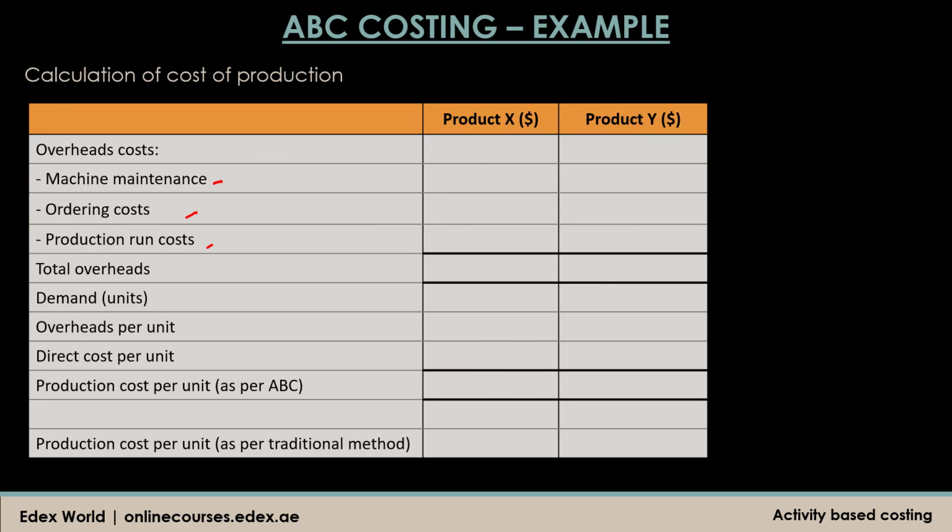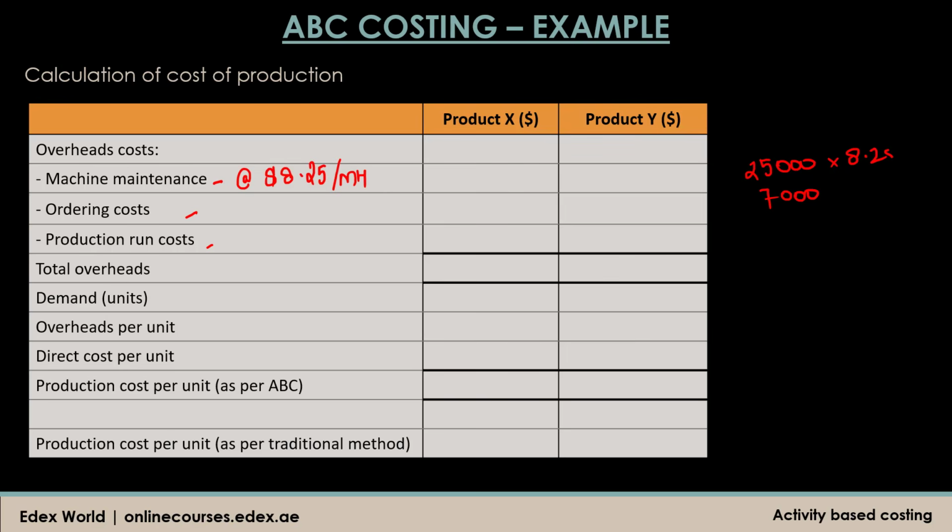If you remember, the machine maintenance cost was $8.25 per machine hour. So we multiply this 8.25 with the individual machine hours consumed for product X and product Y. Just to do it in detail for this particular overhead, 25,000 was for product X and 7,000 was for product Y machine hours.